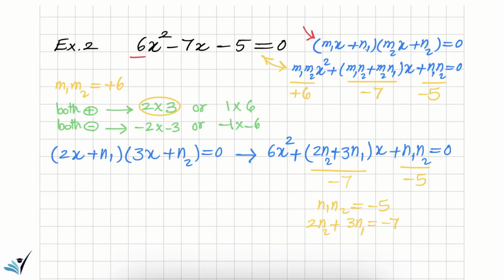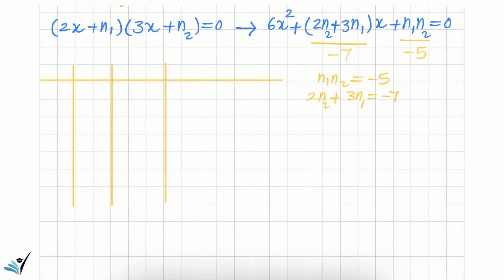Let's draw a table to be organized. So in the first column we have n1, the second column is for n2, third column is for their multiplication, n1 times n2, and the last column we have 2n2 plus 3n1. So we need to find a pair of numbers that their multiplication is -5.